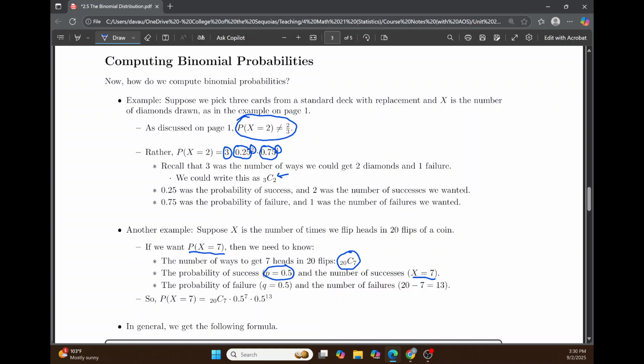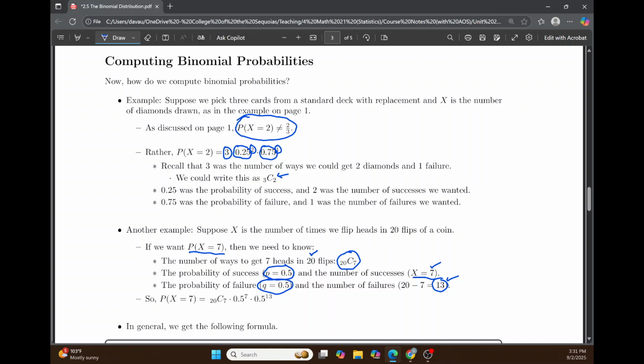Okay. We also need to know the probability of failure. Well, if the probability of success is 50%, then that means the probability of failure is 50%, right? If we succeed half the time, then we fail the other half of the time, right? So the probability of failure is 0.5. And the number of failures is going to be 13, because remember, there are 20 flips, okay? And we want 7 successes. So if we have 7 successes out of our 20 flips, then that means we have to have 13 failures, right? 20 minus 7 is 13.